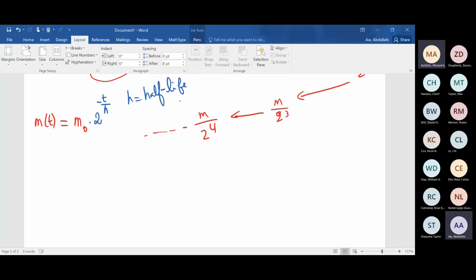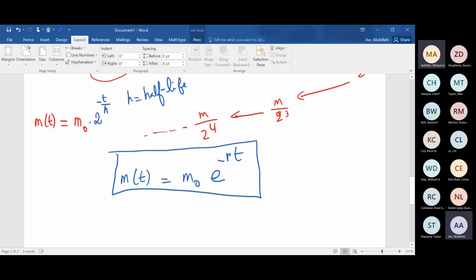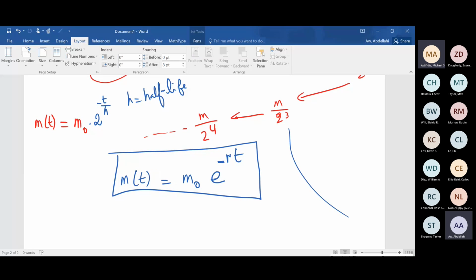The general model for exponential decay is M of t equals M0 e to the negative rt. Exactly like the exponential growth, except now we have a negative sign that makes it decrease.